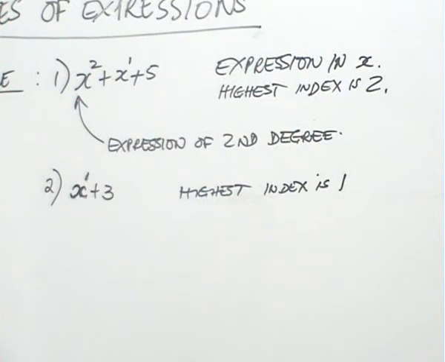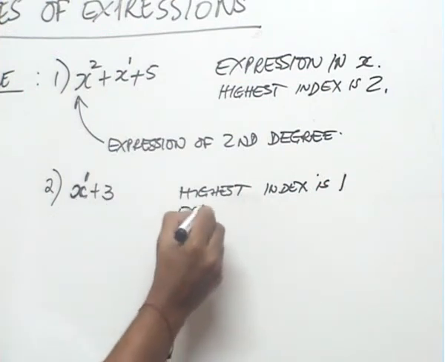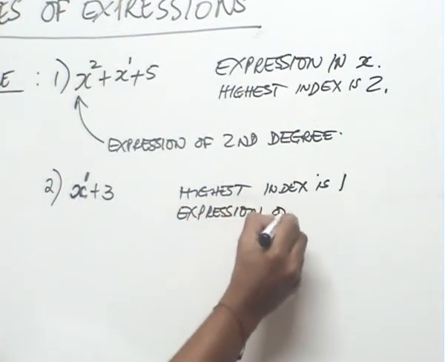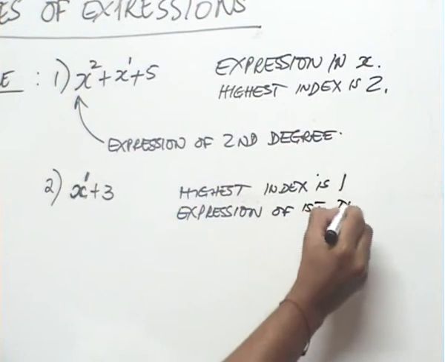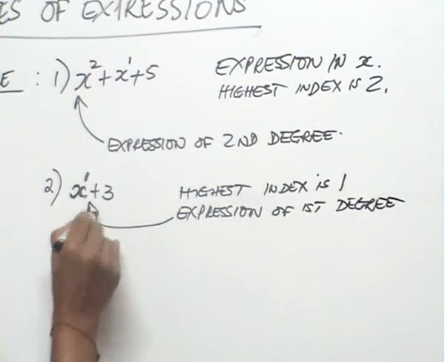So we're looking at the index of the base, and the base over here is x. So this is an expression of first degree because the highest index is 1.